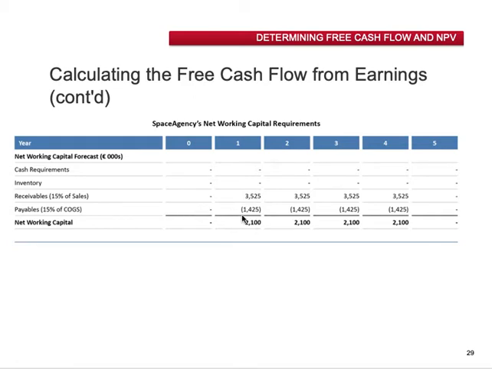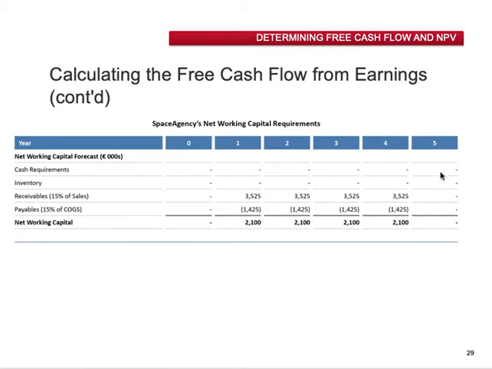This is considered an investment compared to T0. Here we have no investment because the level of working capital in year 2 is exactly the same as year 1, so the delta here is 0. The delta here as well is 0. Here also 0, so no investment here as well. However, in year 5, you're going to divest your working capital, because you go from 2,100,000 to 0.